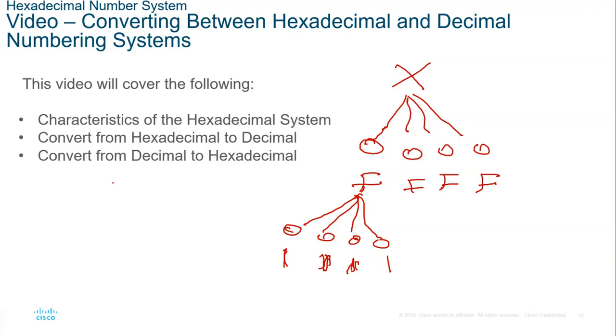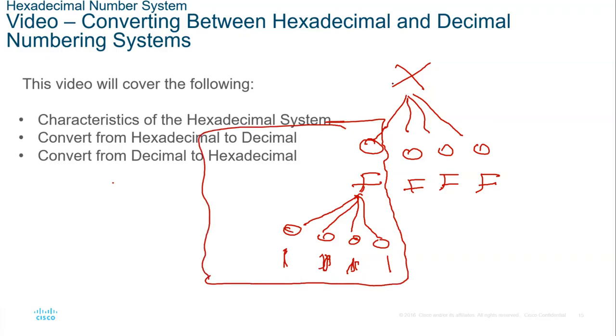These are the bits per hexadecimal value. So this one here represents 16 bits, and those 16 bits are divided into 4 bits each.